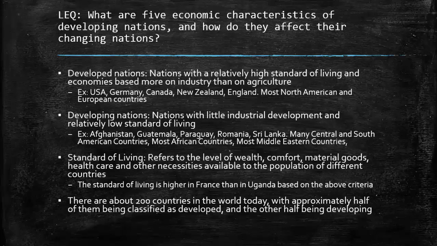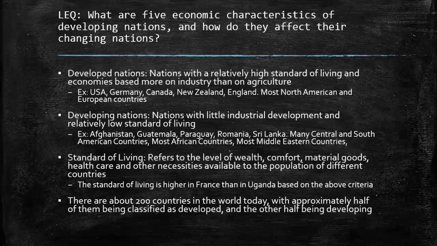Okay, now there is one phrase I use in those two definitions, that is standard of living. So standard of living is a general term and it refers to a lot of things. It refers to the level of wealth, comfort, material goods, that is your possessions, your assets, healthcare, and other necessities available to the population of different countries. So the higher the standard of living, the overall better as measured by wealth, comfort, possession, and so forth, that country is.